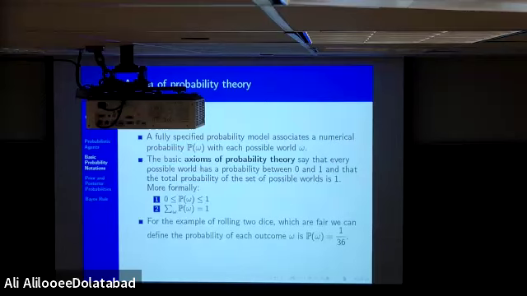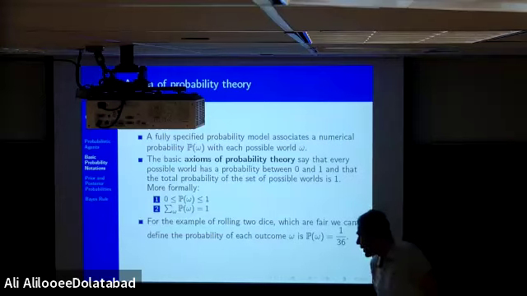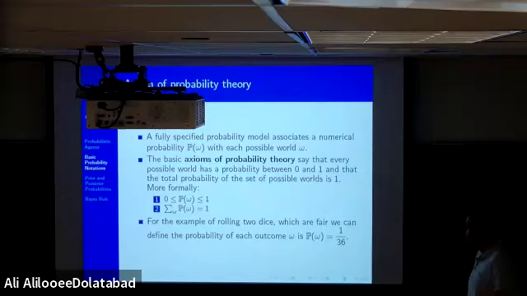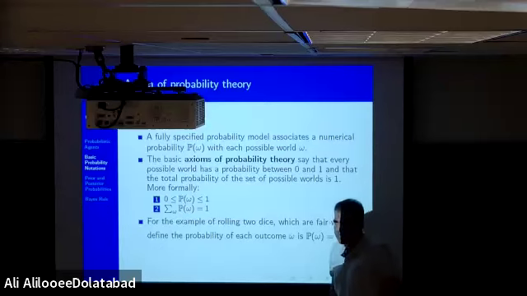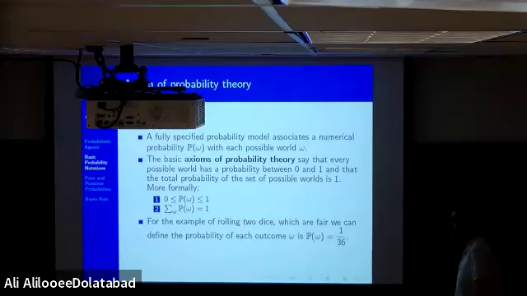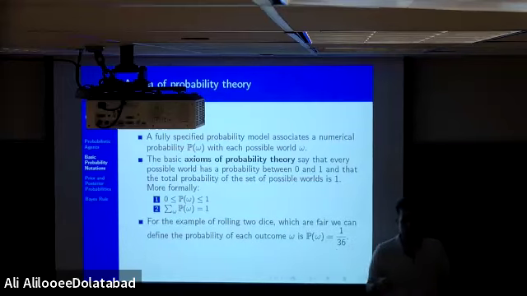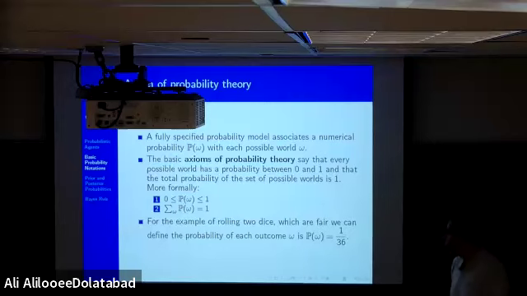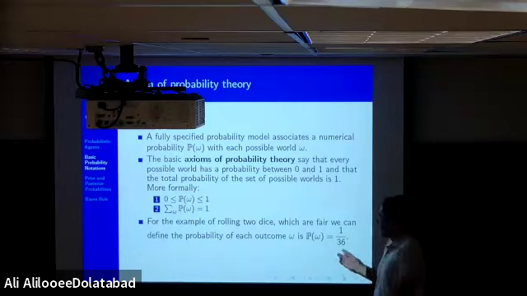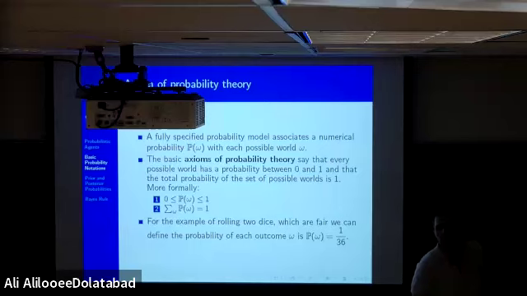For the example of rolling 2 dice, one way to define probability on the elements of the sample space is to assign equal numbers to all the elements. In this case, we can say 1 over 36.